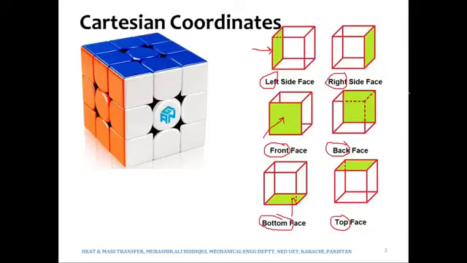So left to right face, x axis, front face to back face, y axis, and bottom face to top face, z axis. So these are the 3 axes that we will consider in Cartesian coordinate system.